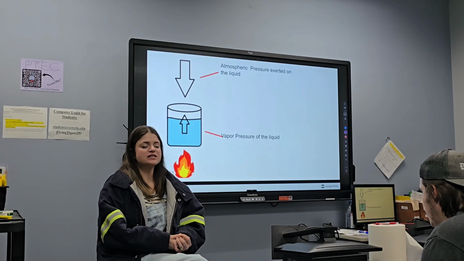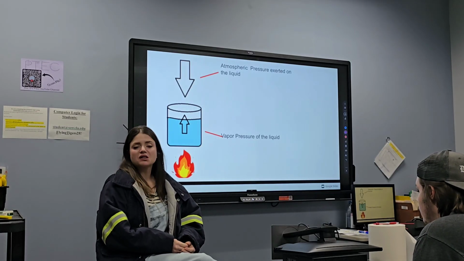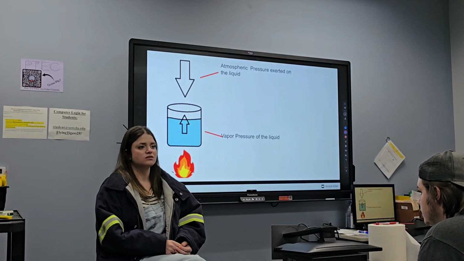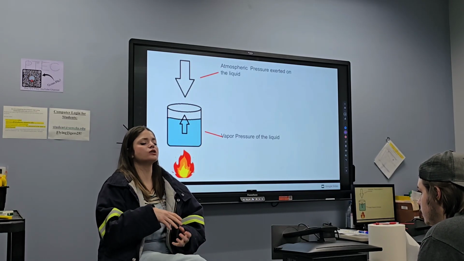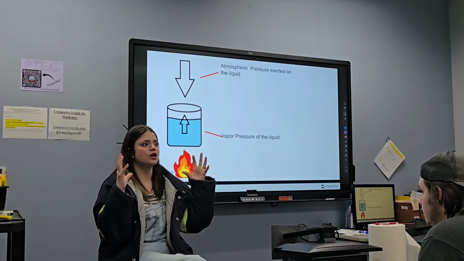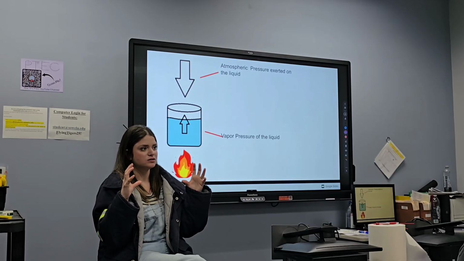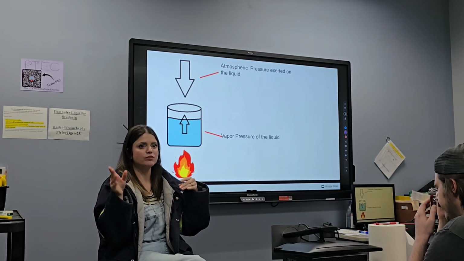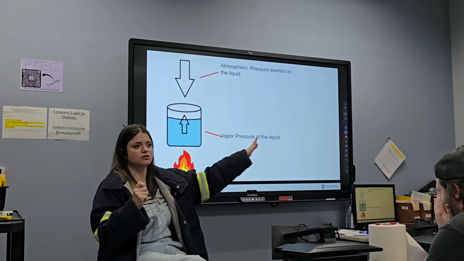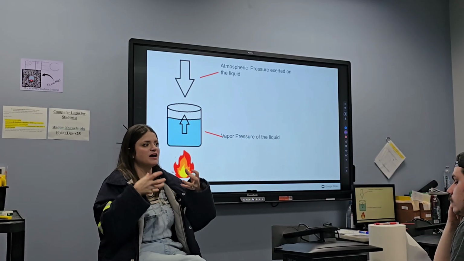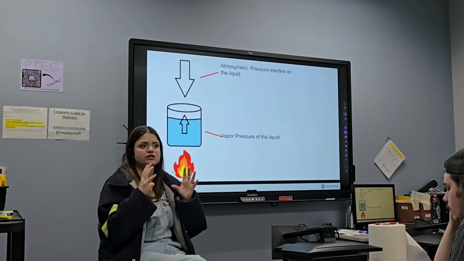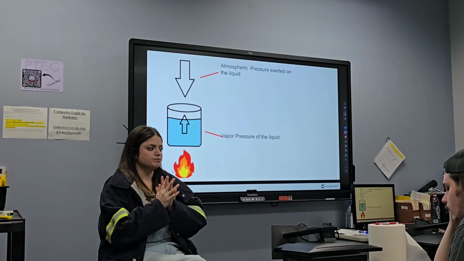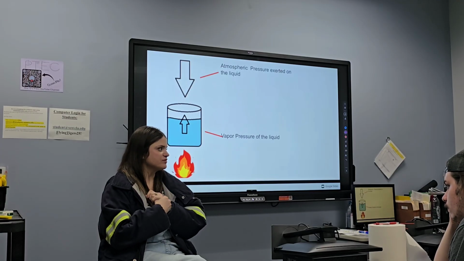Well, if we decrease the atmospheric pressure to, let's just say 10, we pull a vacuum. So this is involving an enclosed container, right? Where there's no flow for it to go somewhere else. Does that make sense? We're pulling a vacuum. We're removing the pressure exerted on the liquid. So we decrease our atmospheric pressure to 10.